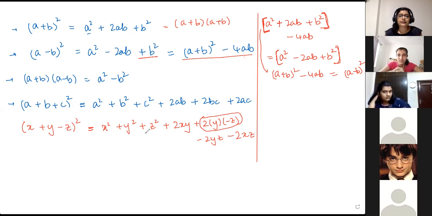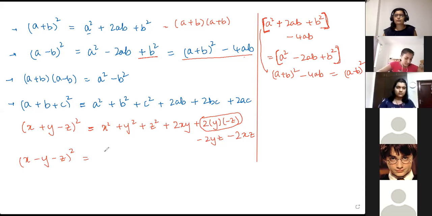Yeah. All right, here's another question. Swayam, you answer this one. What if I have (x minus y minus z) the whole square? The rest of you can work this out in your book. You can send it to me if you want, either on WhatsApp or in the Zoom chat. Swayam, you tell me how to expand this.